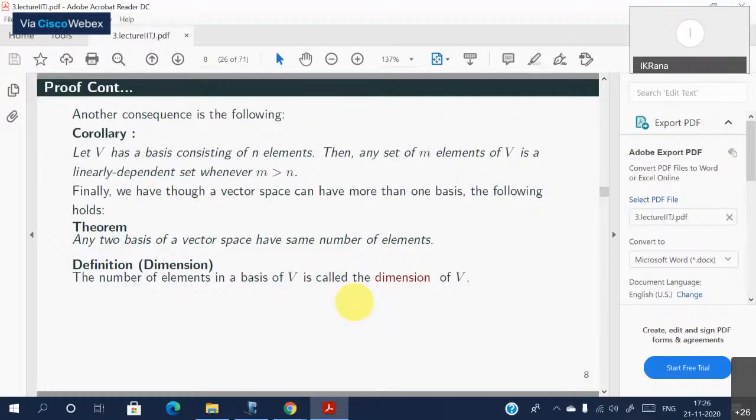The other is you start with a non-zero vector in the vector space V, which is a subset of Rn. If it is zero, then there is nothing to prove. Keep in mind that for the time being vector spaces are all subsets of Rn. So start with a non-zero vector and look at its span. The span may not be equal to the whole space, so there must be a vector outside it.